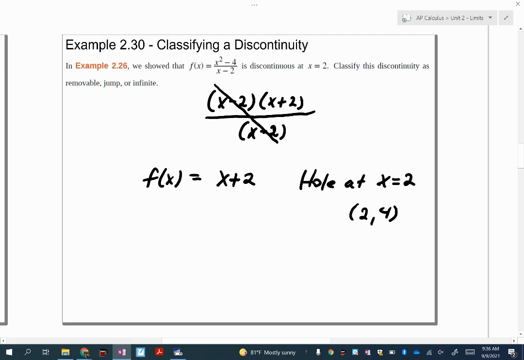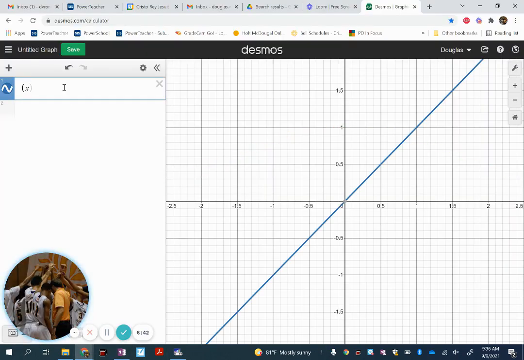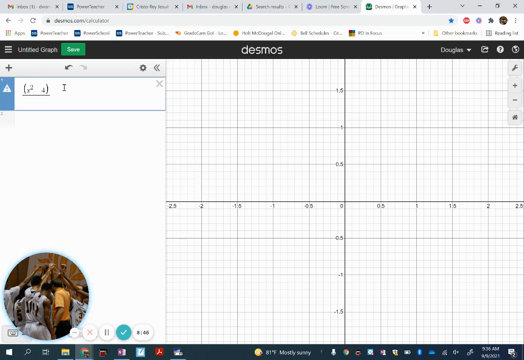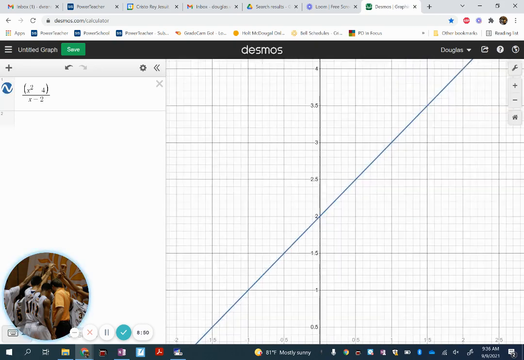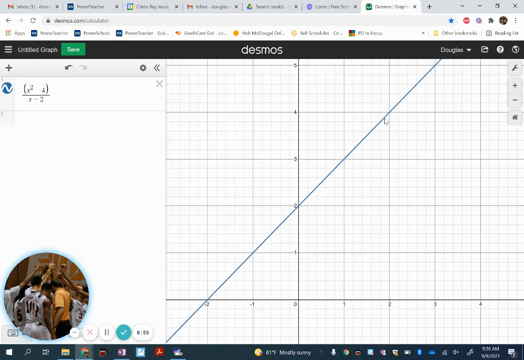So when you graph it on Desmos, and this is one of the issues with Desmos, if I graph the original, which was x squared minus 4 over x minus 2, you have your line, but if you go to (2, 4), you'll think, oh, it's no problem, right? It's continuous.